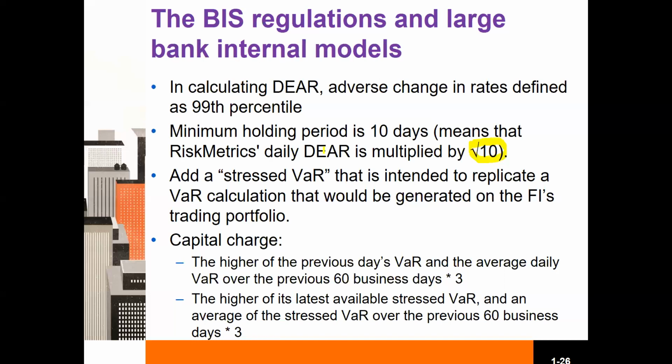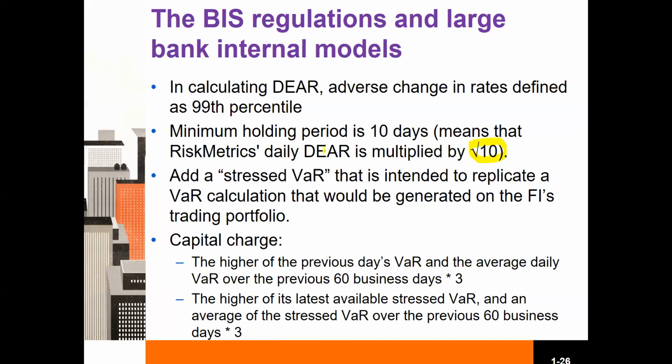The stressed VAR is based on a 10-day 99th percentile VAR of the trading portfolio, with model inputs incorporating historical data from a one-year period of significant financial stress. So in addition to the normal VAR, we calculate a stressed VAR for a very stressful year that the institution experienced historically.